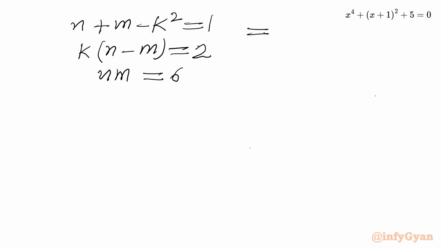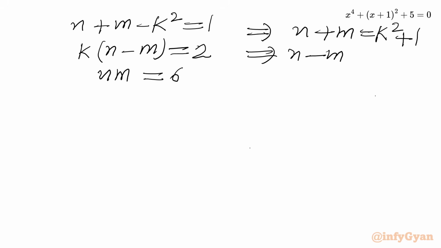So from the first equation, we can write n plus m equal to k square plus 1. From the second equation, we'll find n minus m in terms of k, it would be 2 over k. And here we have mn equal to 6.